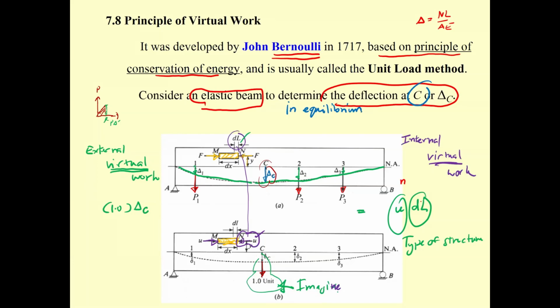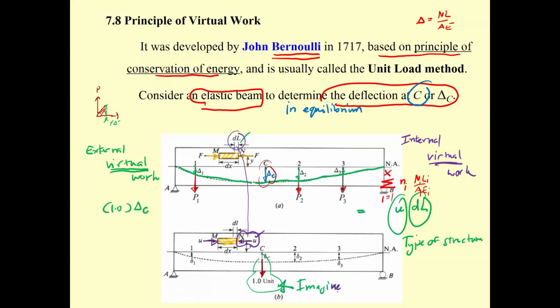So for the truss, dL is going to be NL over AE. And since the truss must count the number of members, you sum from i equal 1 to the number of members, so this is n_i, capital N_i, L_i, E_i, A_i, for example.